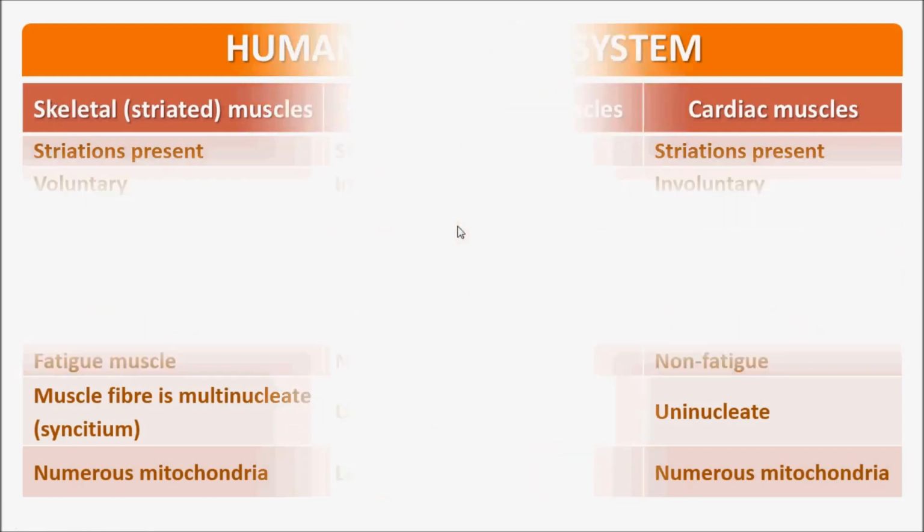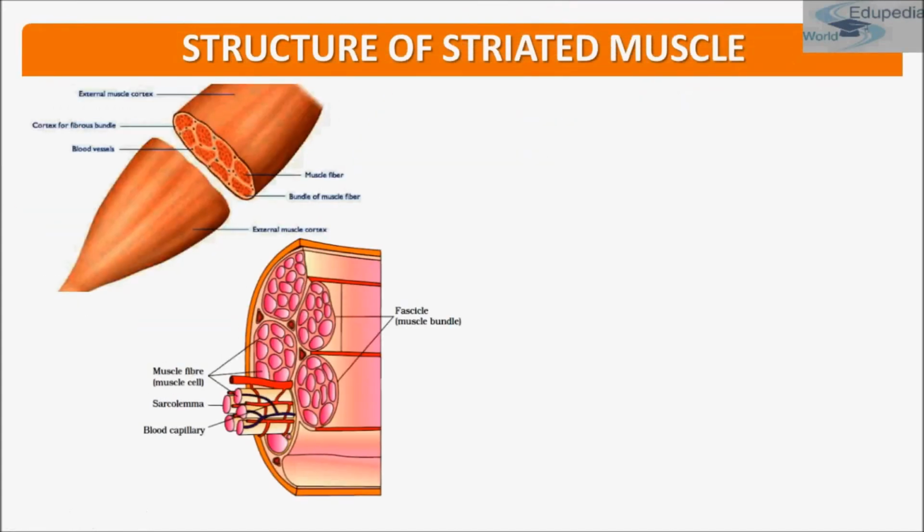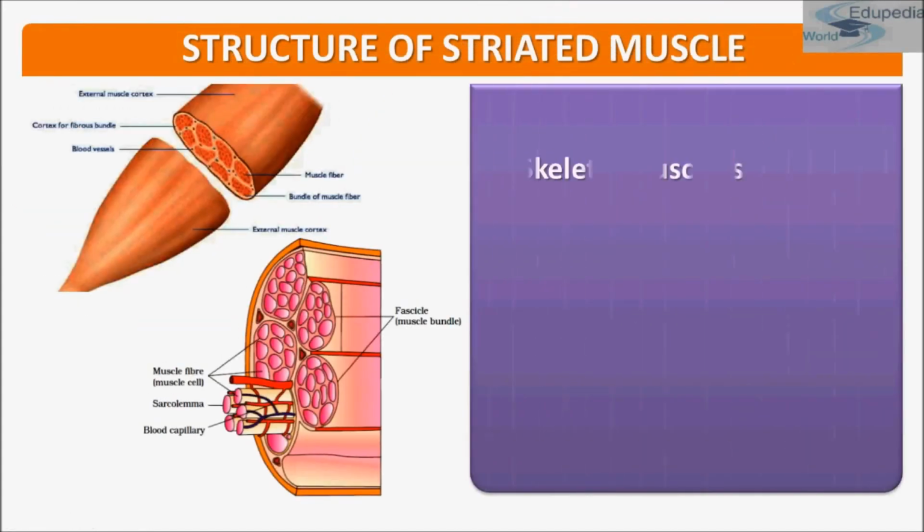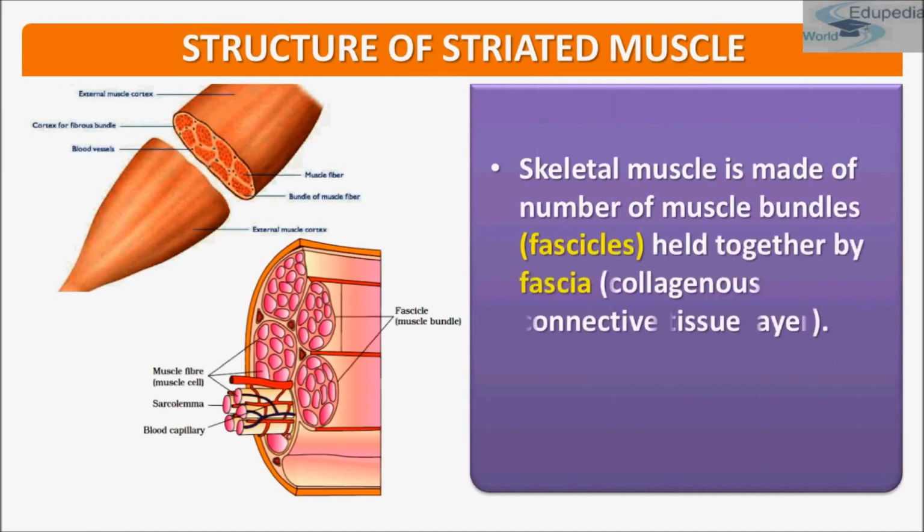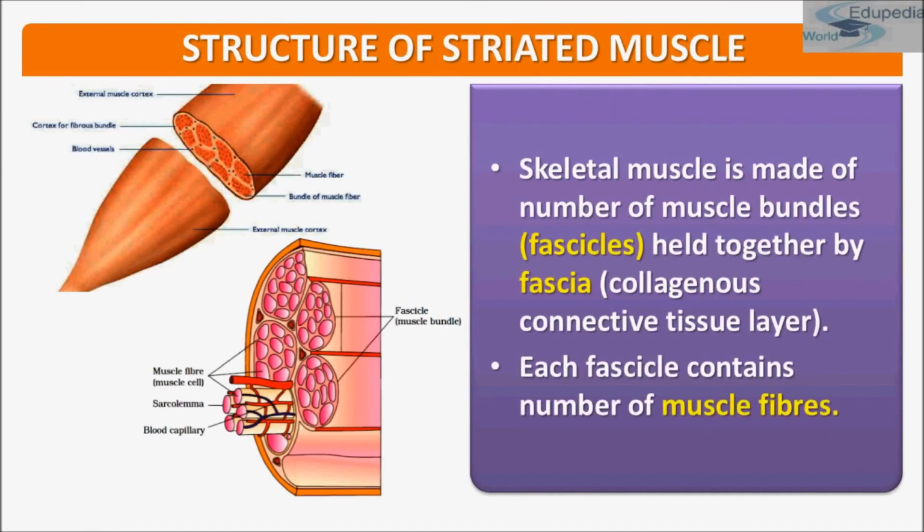Now comes the structure of striated muscle. Let's begin by working our way down through the levels of organization in a skeletal muscle until we reach the contractile unit that actually generates the force.